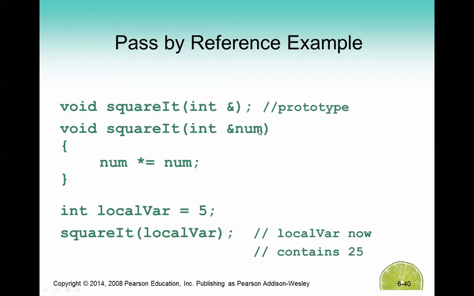It's up to the programmer that is going to be creating this function. But the only thing is that we have to use the ampersand. So as you can see, the ampersand is going to be used in the function header as well as the prototype, not in the call. Not in the call. So we talk about this on Thursday.